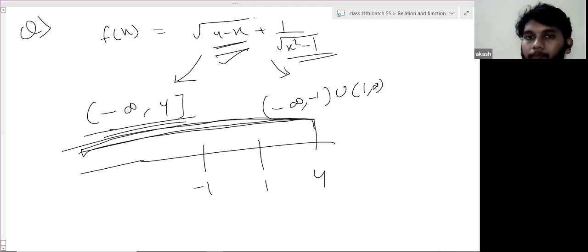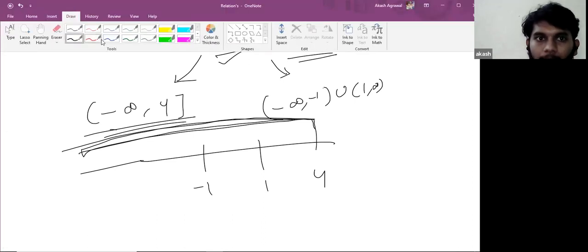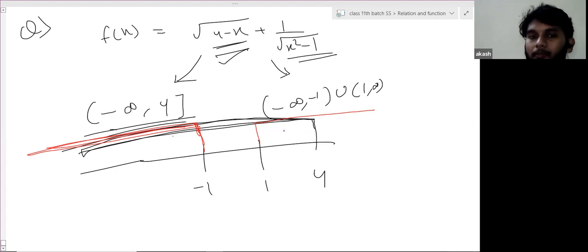One is saying no, you can only take from minus infinite to minus 1, or 1 to infinite. So we have to take all the common areas. Which are the common areas? This part and this part.